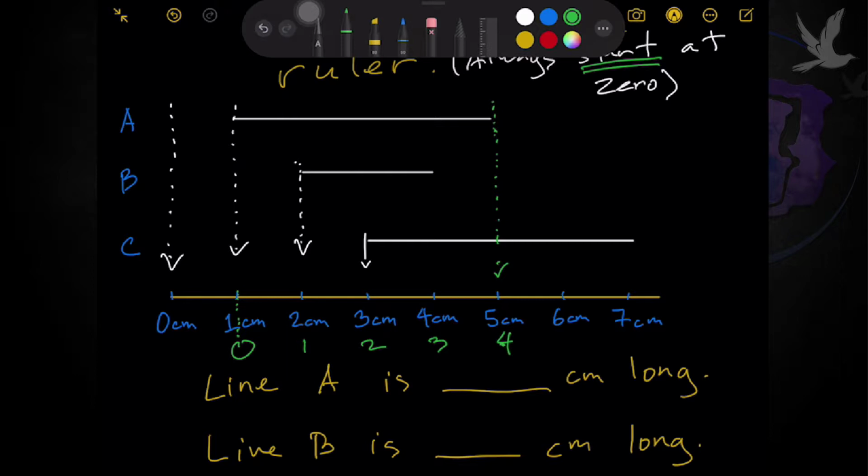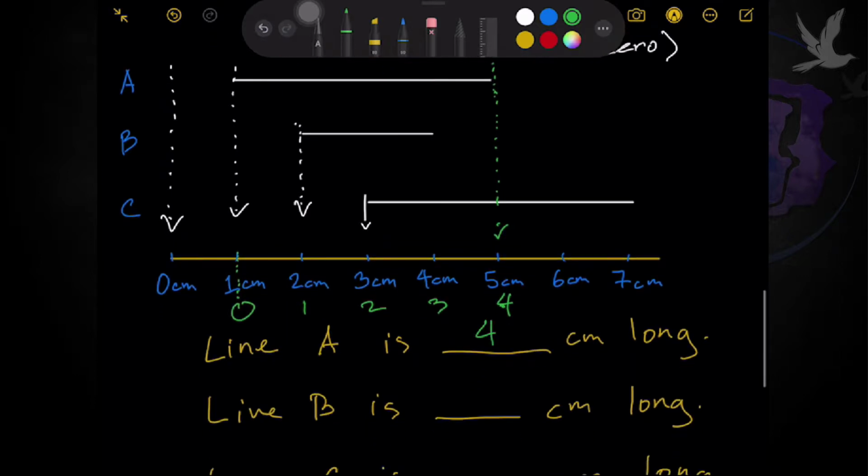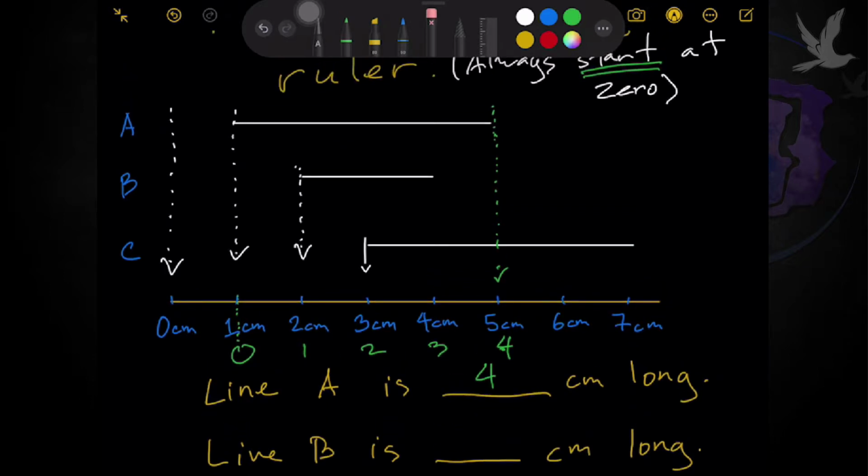Okay? So we can say now that line A is 4 centimeters long. That's all. Again, like I said earlier, we always start at 0 when we measure. Wherever it starts, always start with 0.